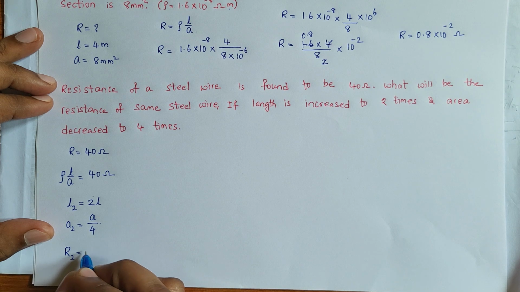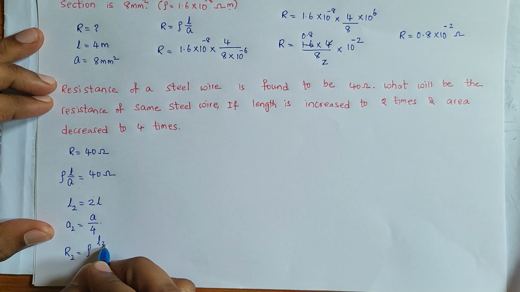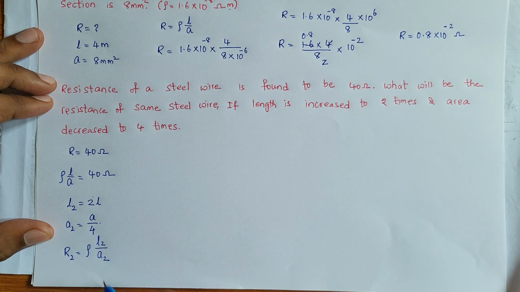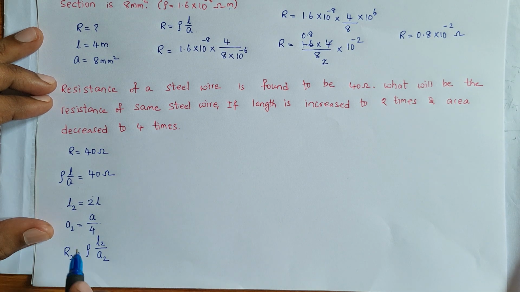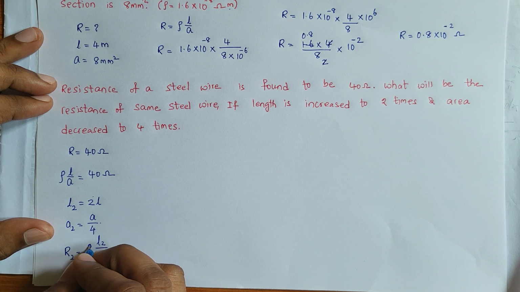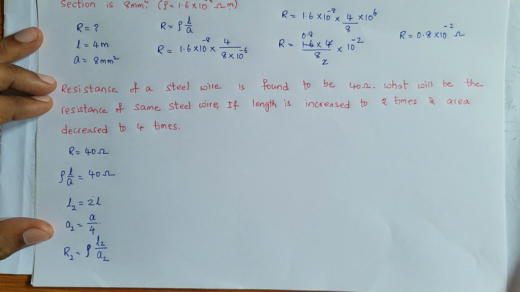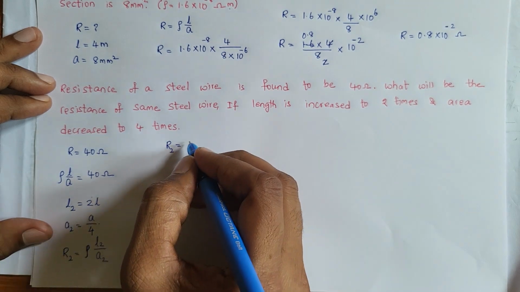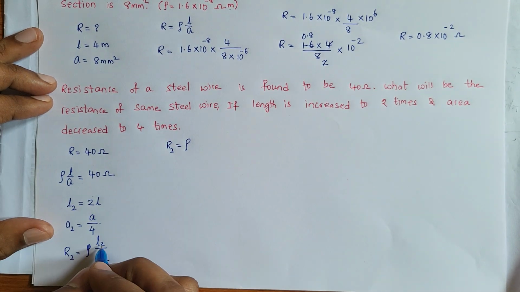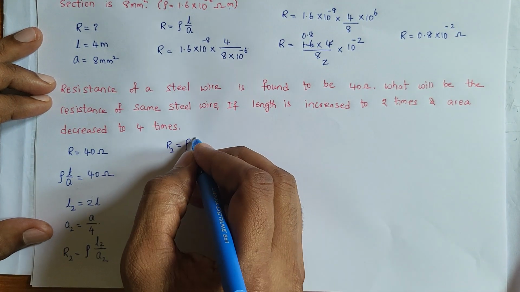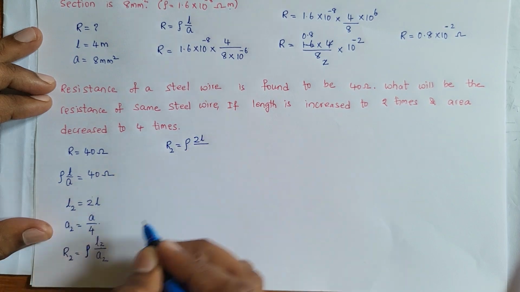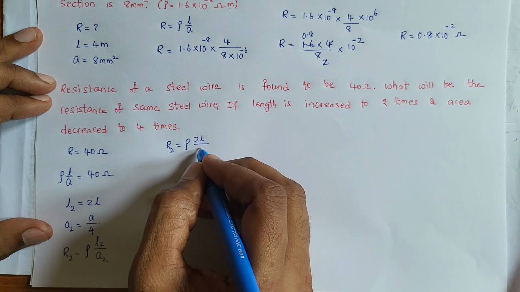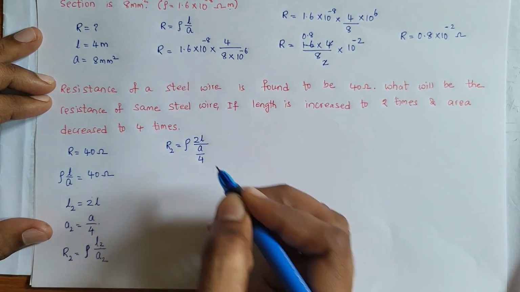R2 will be equal to rho into L2 divided by A2. Why? Because they did not change the material. As they did not change the material, resistivity rho value will be same only. Correct? So R2 is equal to rho into L2, L2 is 2 times the L, divided by A2, A2 is A divided by 4.